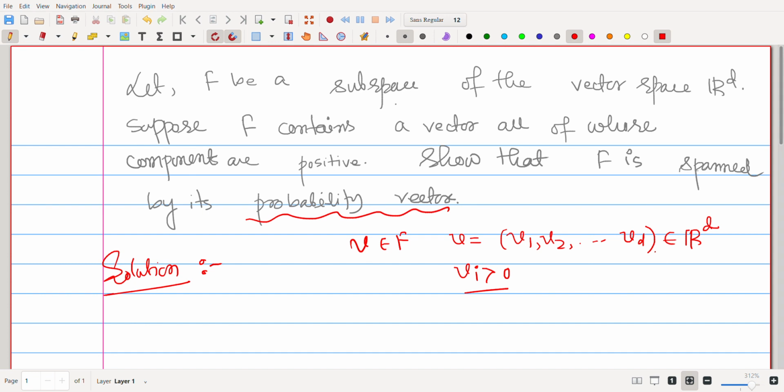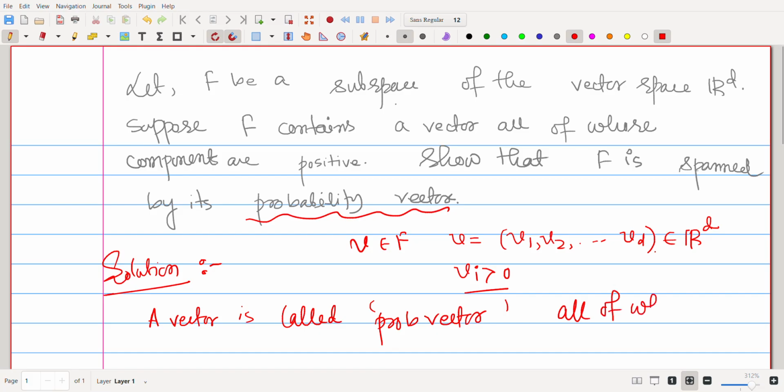What is the meaning of probability vectors? A probability vector means a vector all of whose components are non-negative and whose sum is 1.